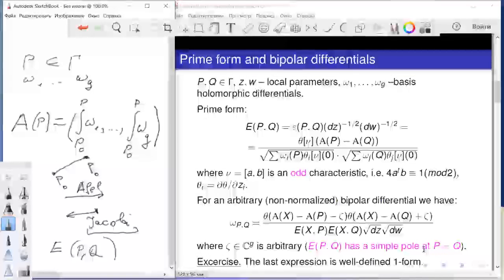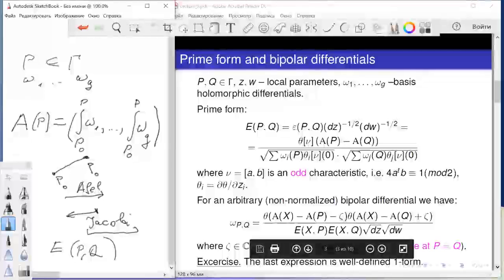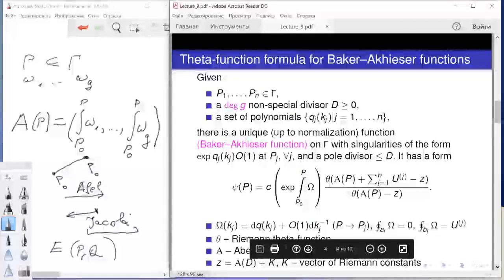And for this reason, omega of PQ has two simple poles at x equal to P and x equal to Q. So let me proceed.